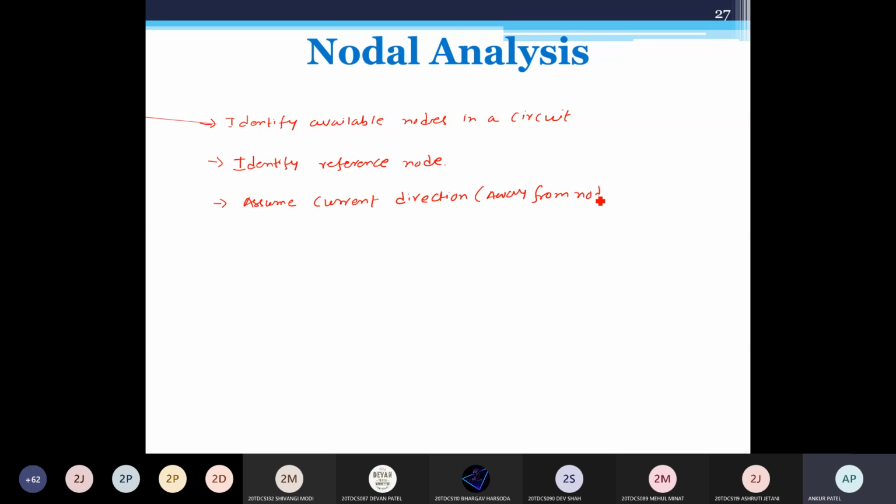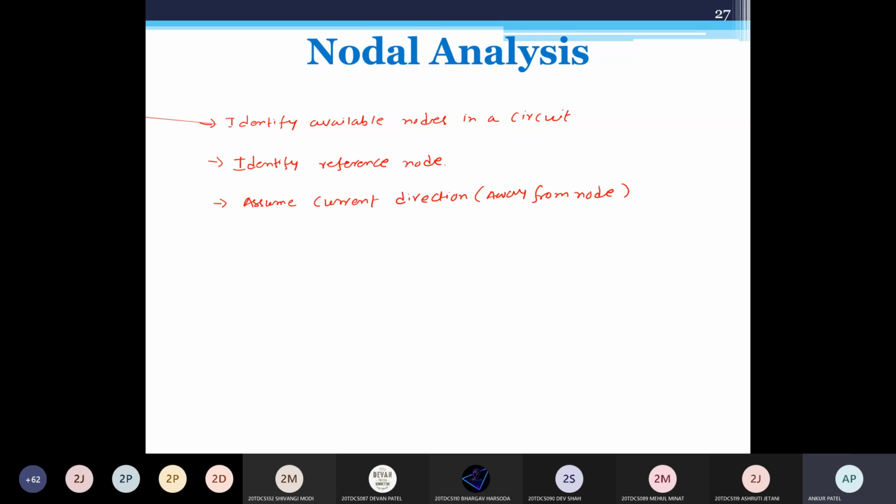If we are considering current away from the node, then your node voltage should be at higher potential. Are you getting me? We know current always flows from higher to lower potential. So initially we consider our node voltage is the higher value, but after getting the current, we will know whether our node voltage or the supply voltage is higher.